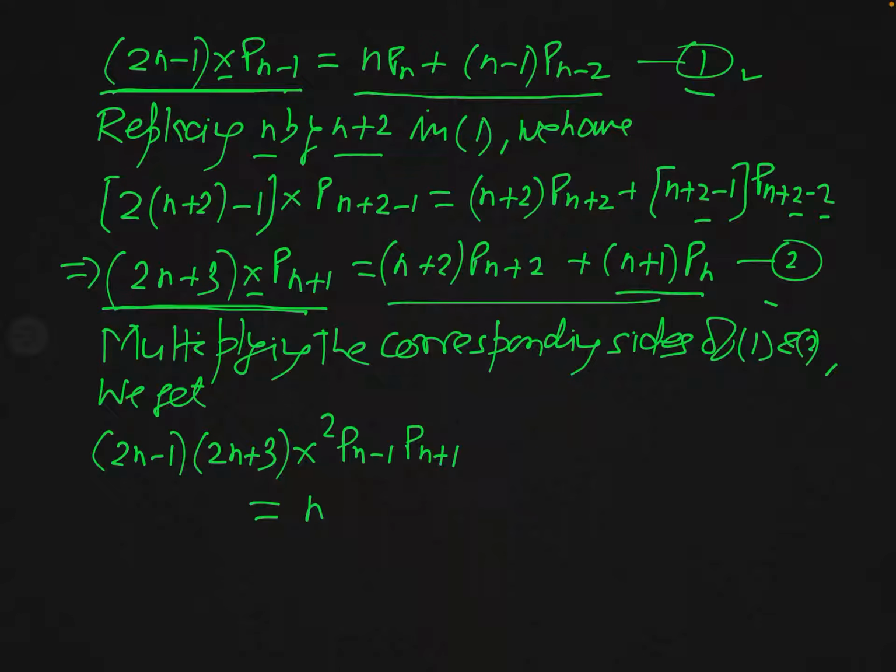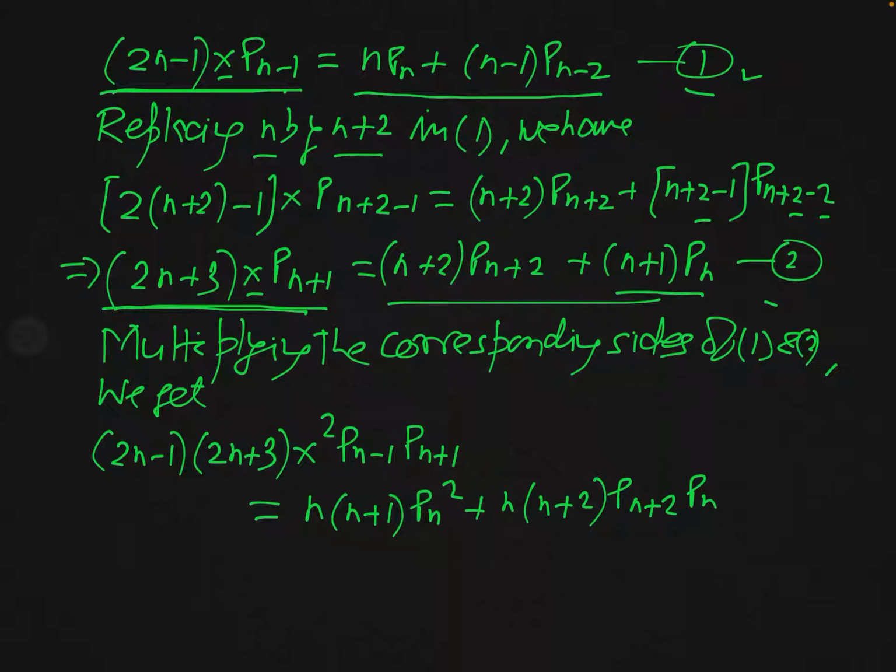So this will be n into n plus 1 into pn square, and plus when this n plus 2 into pn plus 2 and this npn are multiplied, then you will get n into n plus 2 into pn plus 2 into pn.